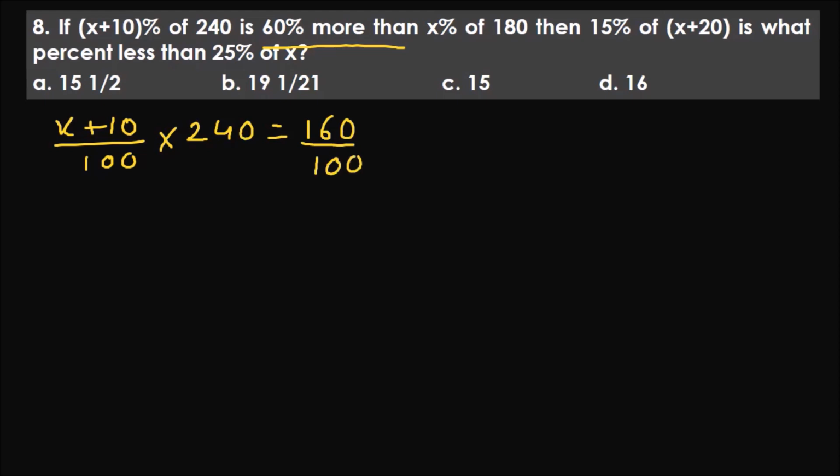If they had told less than, then it would have been 40%. So 160% into X by 100 of 180.